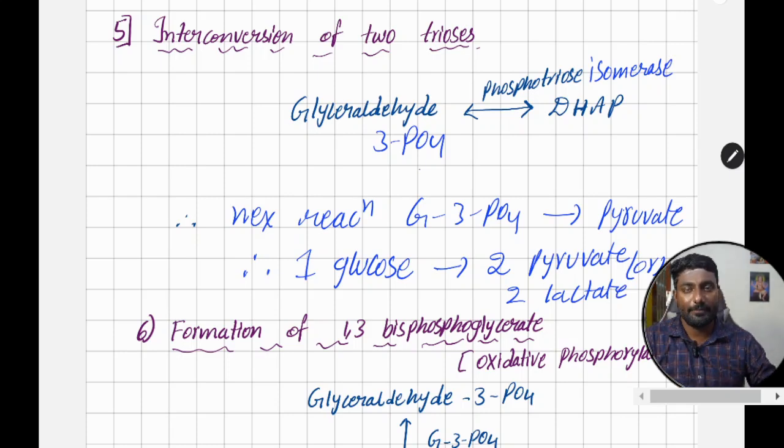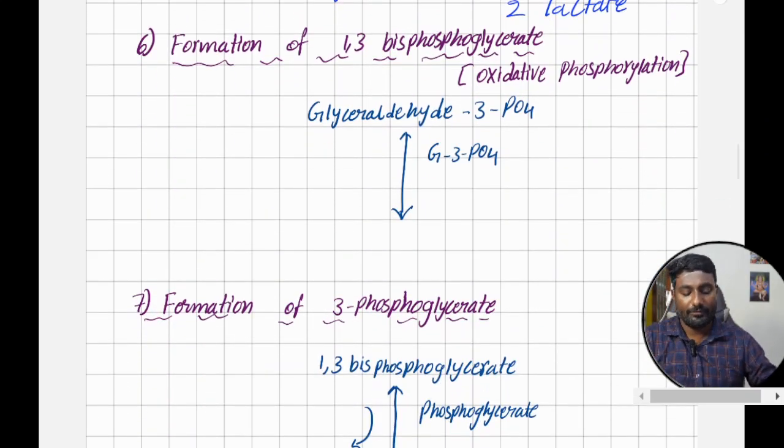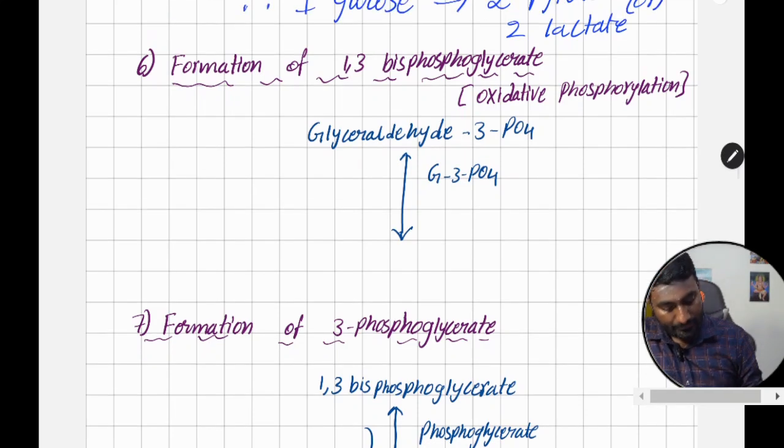In the next step, there is formation of 1,3-bisphosphoglycerate or 1,3-bisphosphoglyceric acid. Okay, it is the oxidative phosphorylation step, and it is being done by the enzyme glyceraldehyde 3 phosphate dehydrogenase.